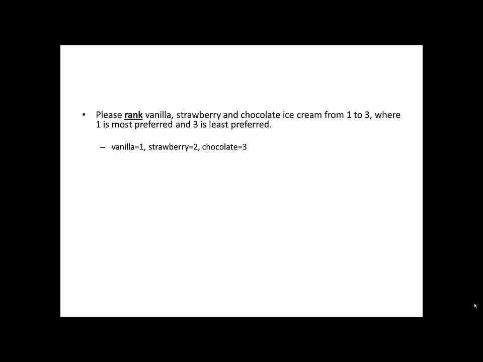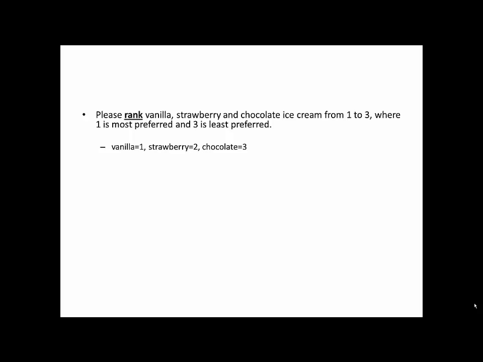Now this is an ordinal variable. And the reason why it's ordinal is because the values serve as labels and they give us information about the order of the preference, but they don't give us any information about how much I like or dislike the ice cream flavors relative to one another. That information is only provided if you have an interval scale.